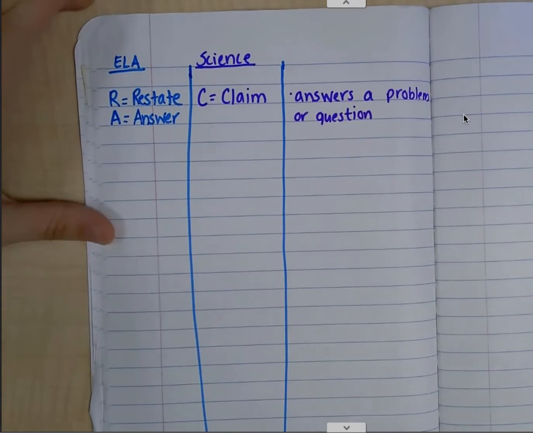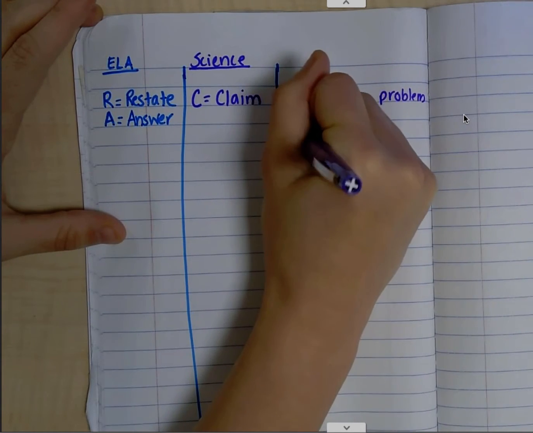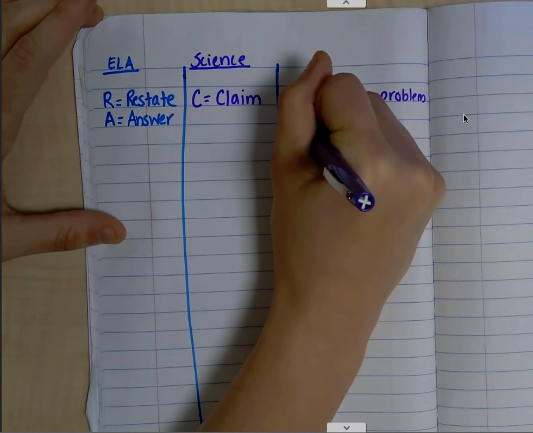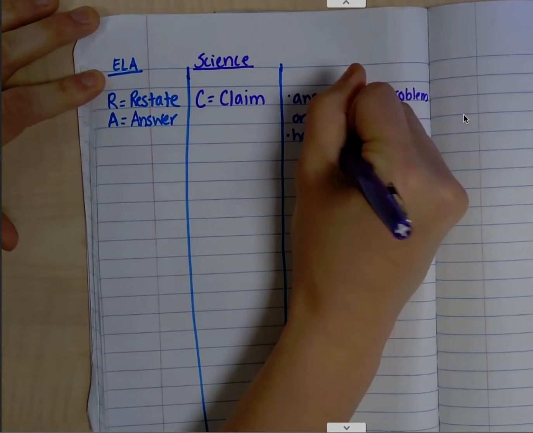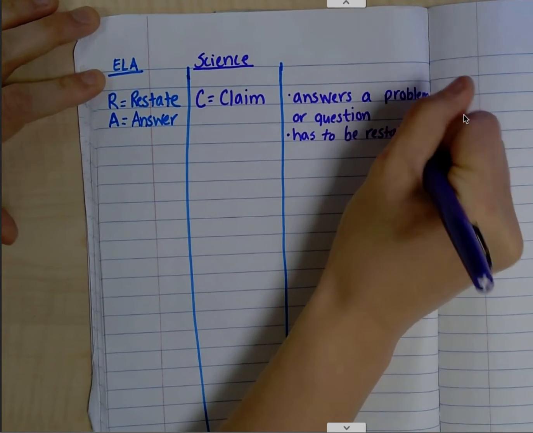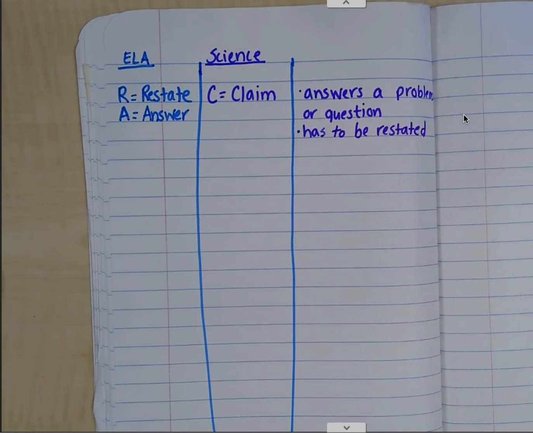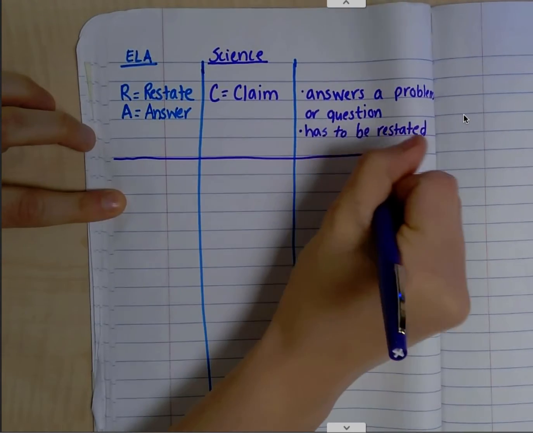So it answers a problem or question, and it has to be restated or rephrased. And then I'm just going to skip a line and just draw this across.